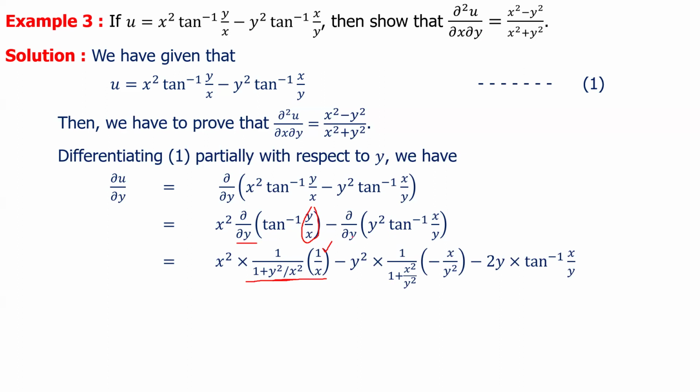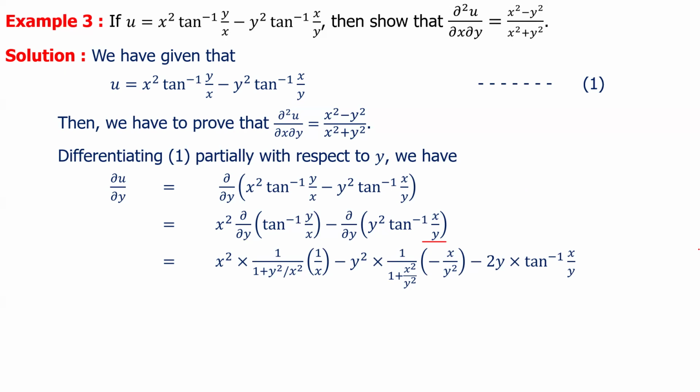In the second part, since we are using the u into v rule, the first one is u and the second one is v. So the first function is y square, and the derivative of tan inverse of x by y is 1 upon 1 plus x by y whole square, so x square upon y square. And again, the derivative of x by y with respect to y.